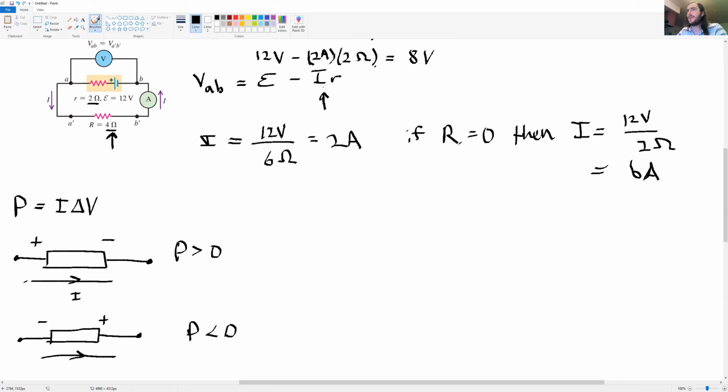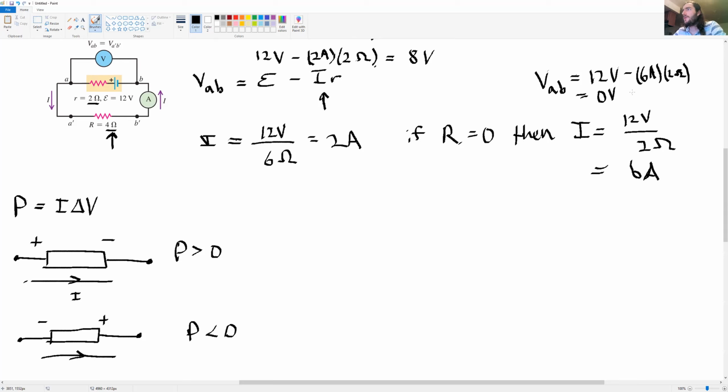And of course, that means that the voltage VAB, when the current is 6 amps, would be 12 volts minus 6 amps times the 2 ohms. Which would be 0 volts.